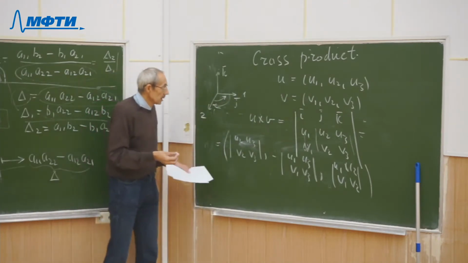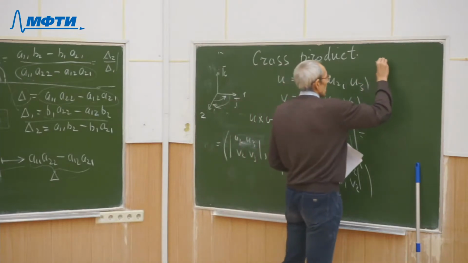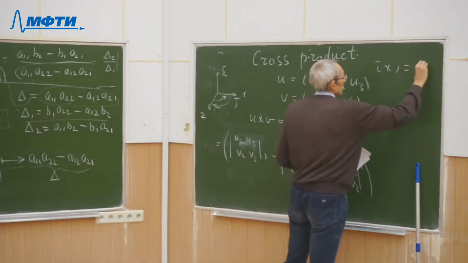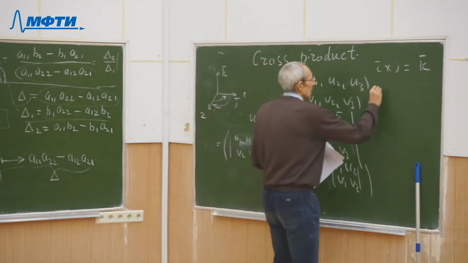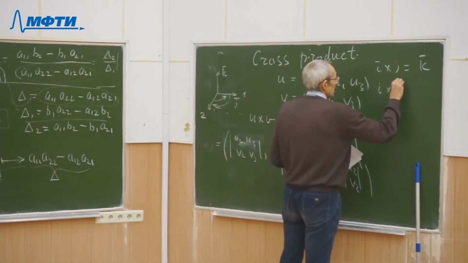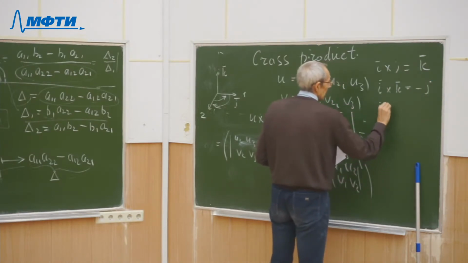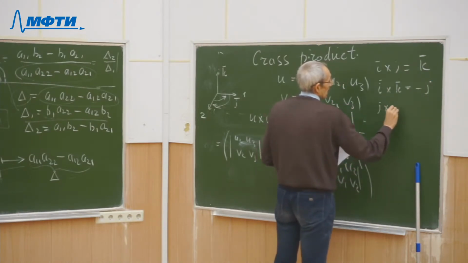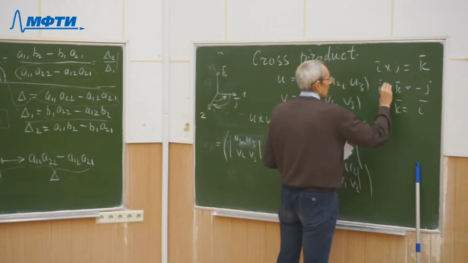It is easy to see that if we multiply the vectors i and j, we obtain in this case vector k. If we multiply i and k, we obtain minus j. And if we multiply j and k, we obtain i.